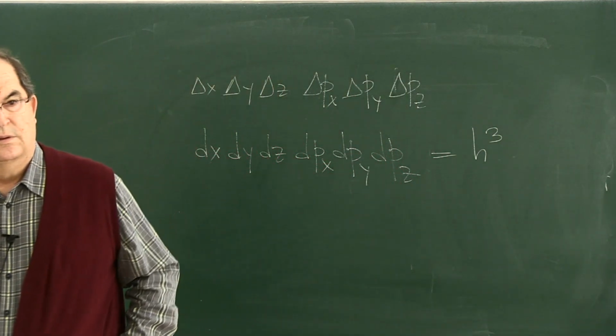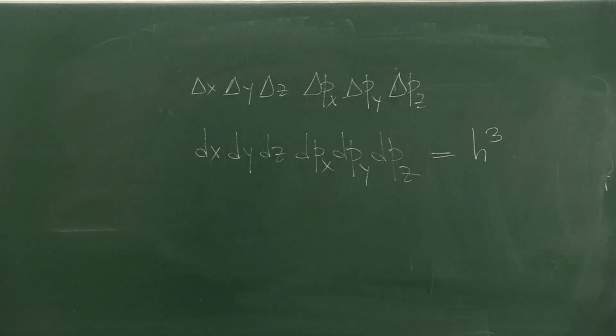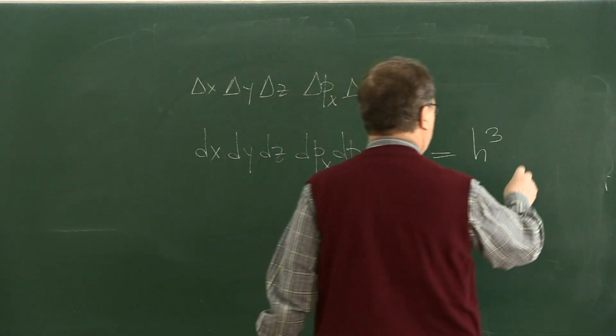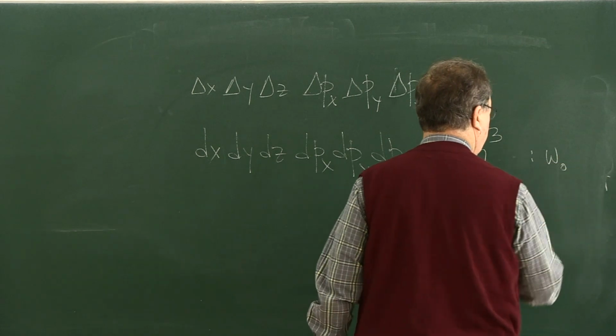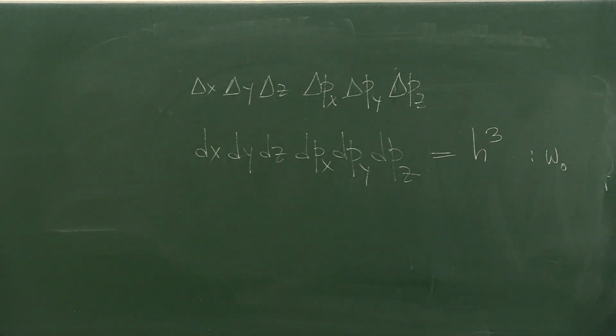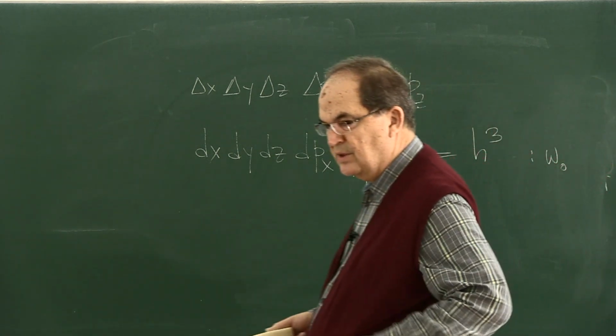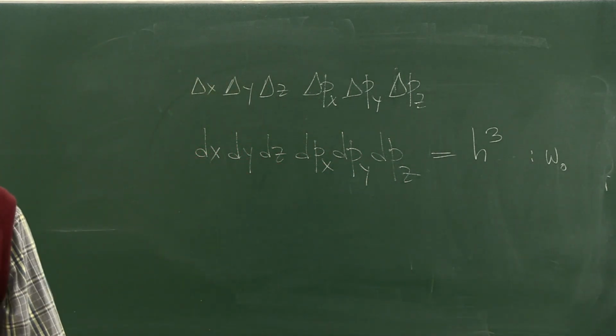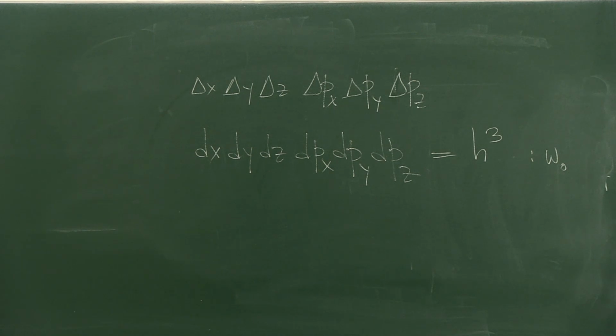Isn't it? A small number to the cube is even smaller, but that must be the fundamental volume. So this must be our omega zero. If you want to define a volume occupied by a particle instead of a point in phase space, it must be this minimum volume, isn't it?